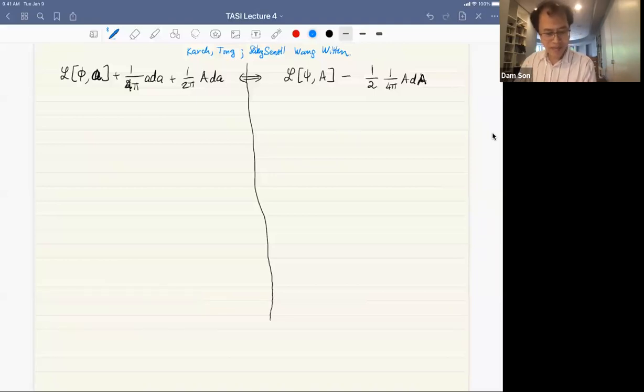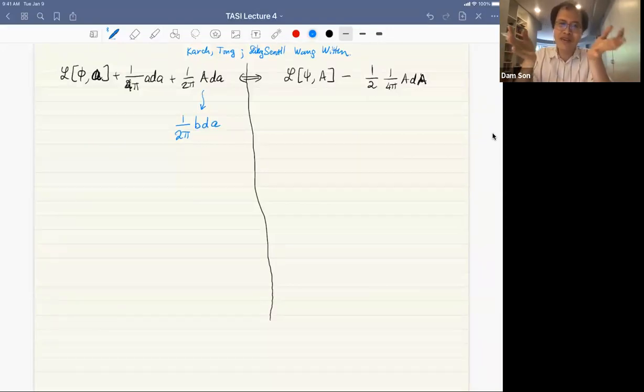Basically here we replace this A by a new field. Let me call that BdA. Okay, so basically in the path integral, you imagine that this A is no longer a parameter in the path integral, but we integrate over this A.